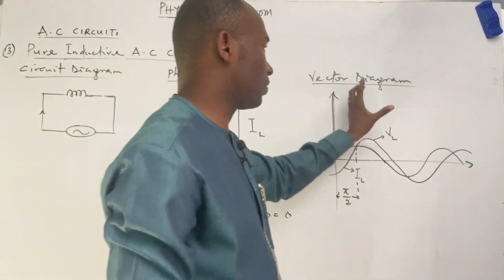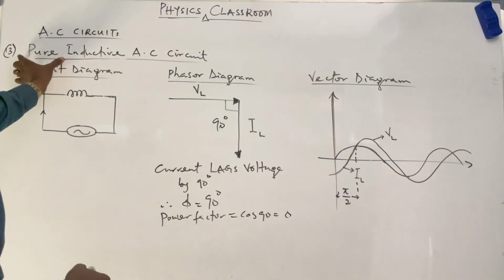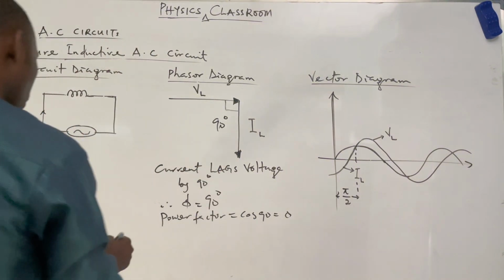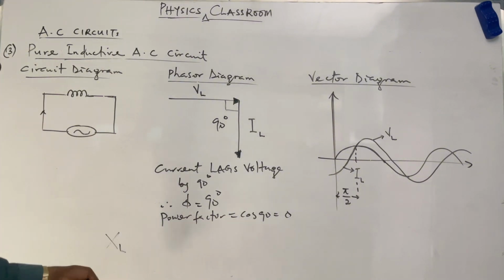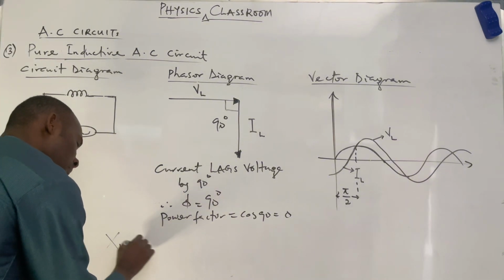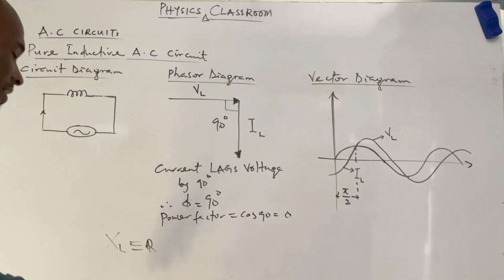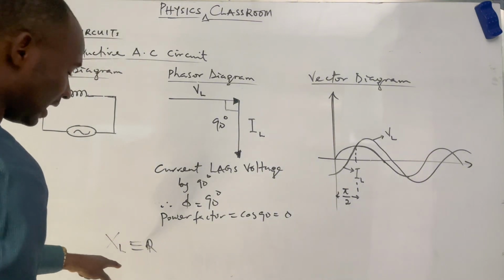So this is how the vector diagram is being expressed. So since we are dealing with pure inductive AC circuits, we know that XL, which is the inductive reactance, will substitute completely the what? Resistance.